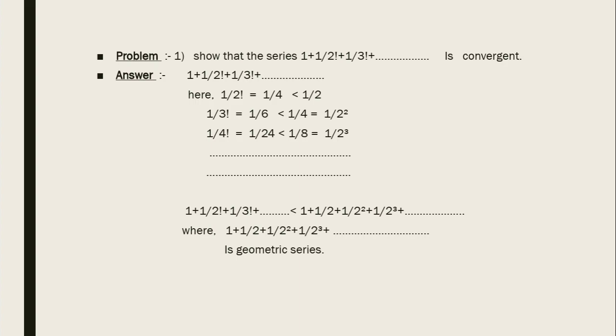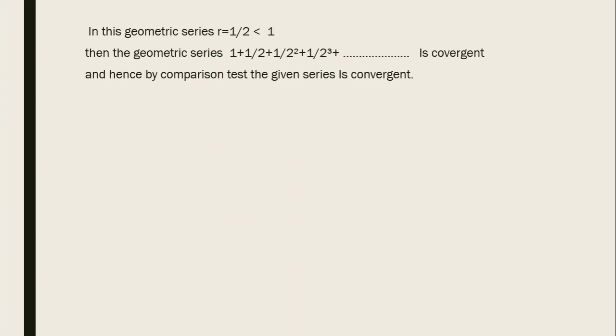Now comparing these two series, we get the relation 1 plus 1 divided by 2 factorial plus 1 divided by 3 factorial plus dash dash dash is less than 1 plus 1 divided by 2 plus 1 divided by 2 square plus 1 divided by 2 cube plus dash dash dash. Here the right side is a geometric series.